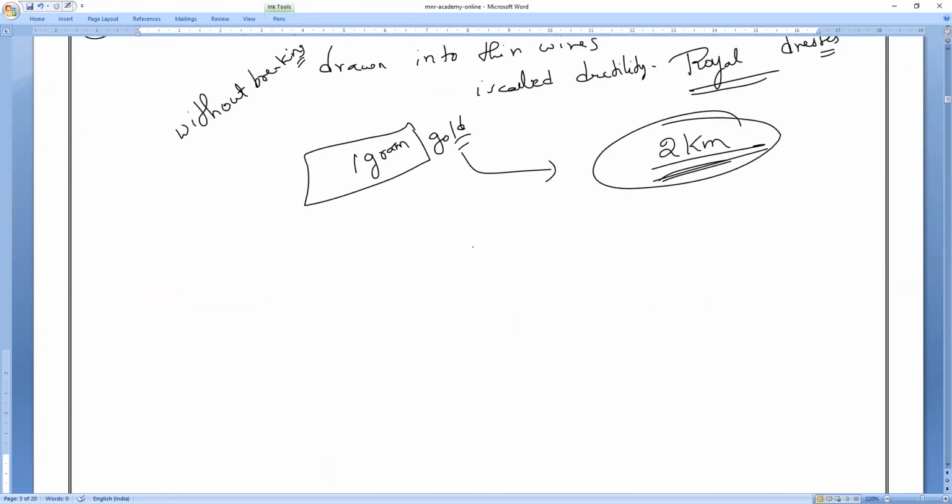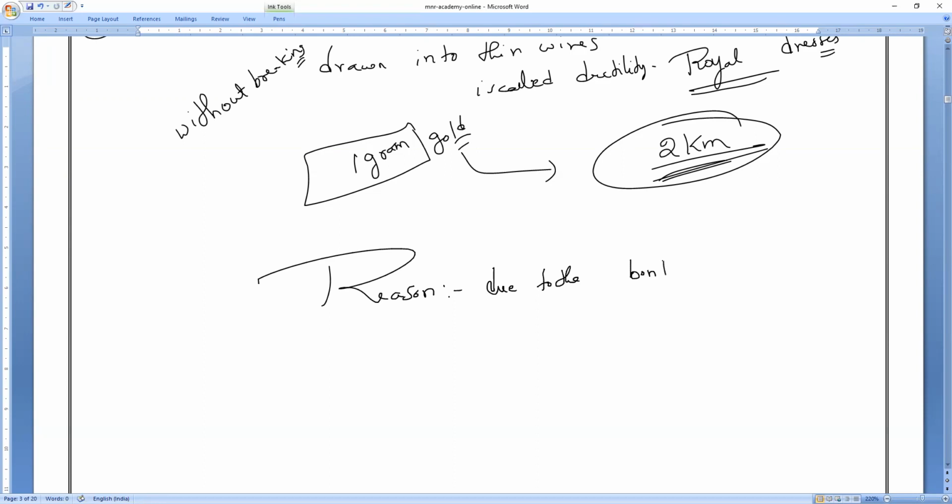What is the reason behind it? That is what we should find out now. The reason behind both ductility as well as malleability is the bond which holds the metal atoms. So there is a bond formation.